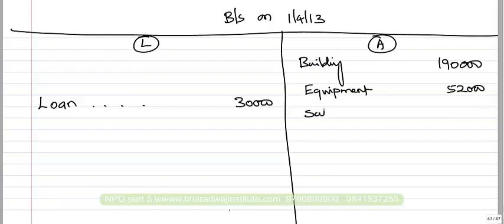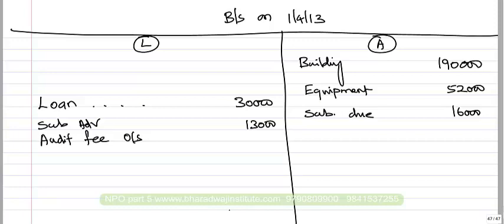Then subscription due. Subscription advance. Then audit fees outstanding. We paid only now, so it is outstanding for last year.